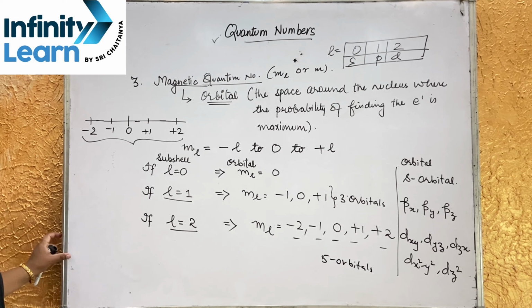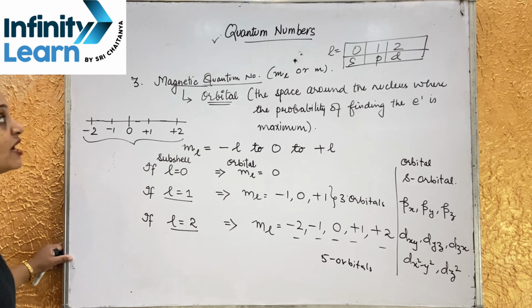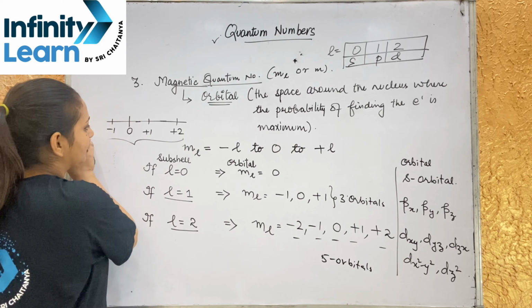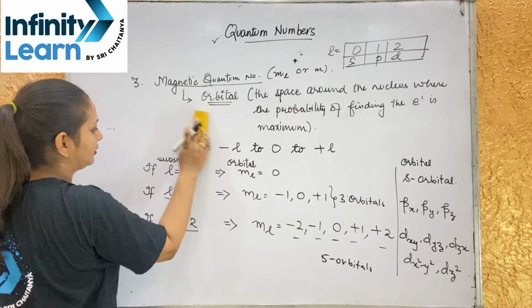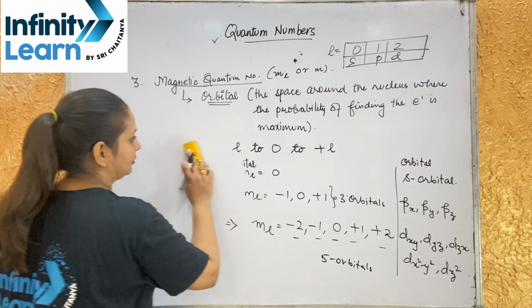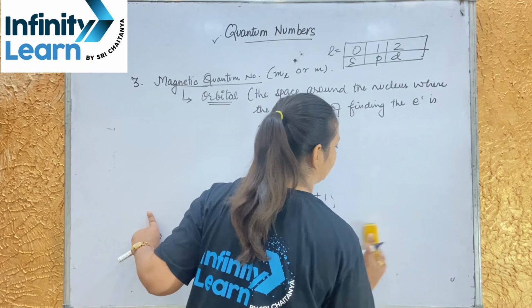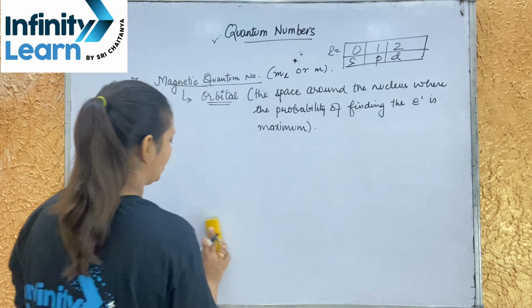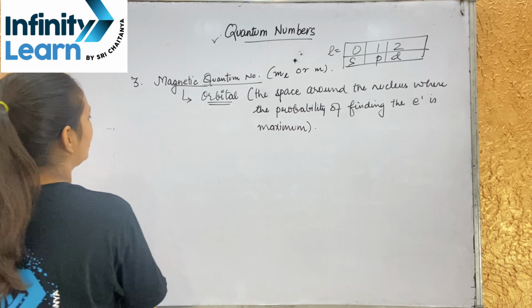This quantum number also describes the shape of the orbital in which the electron resides.